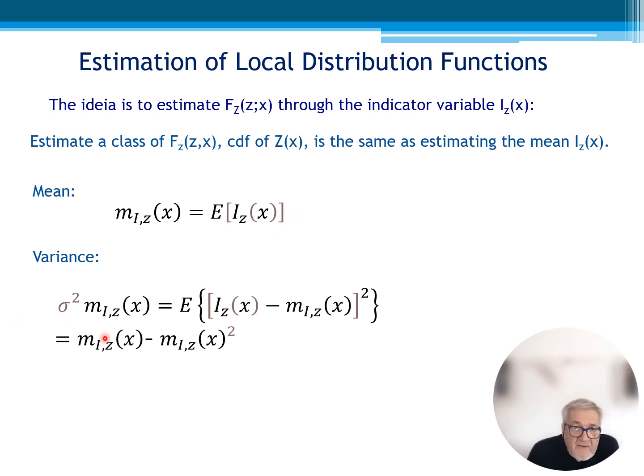And the variance goes from 0 to 0.25. 0.25 is the maximum value of the indicator variance, which corresponds to those situations where you have 50% of zeros and 50% of ones.